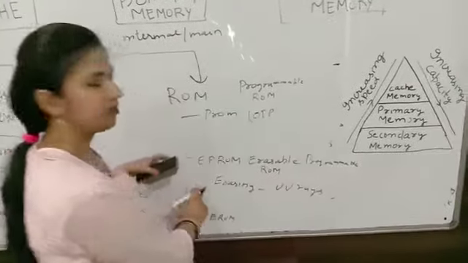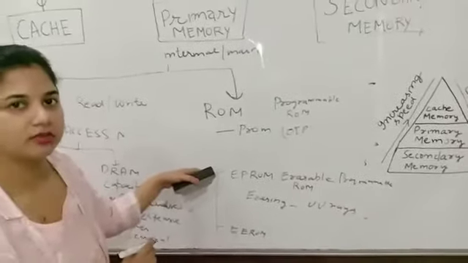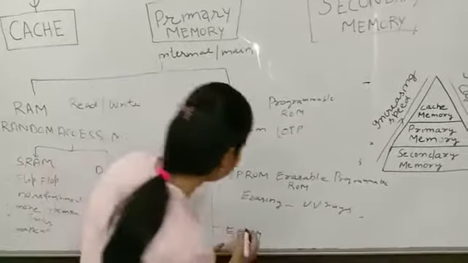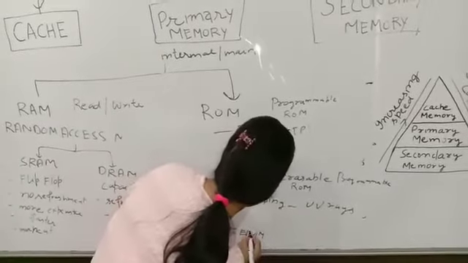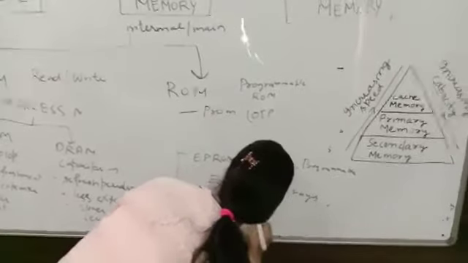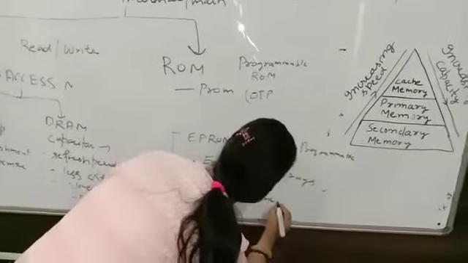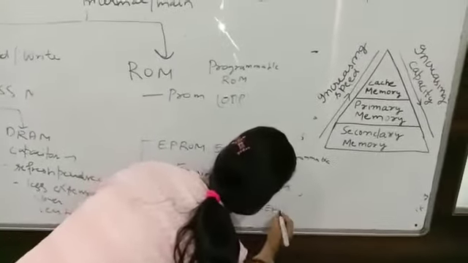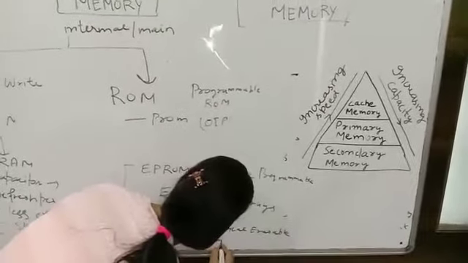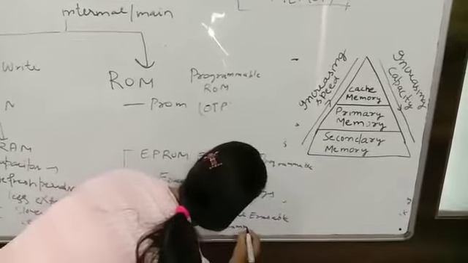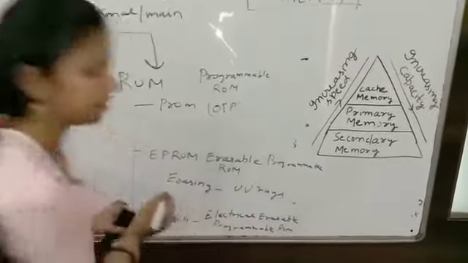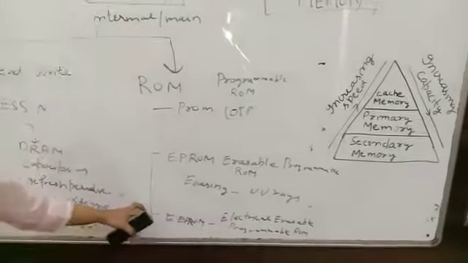While in this we cannot delete the data block by block. So here we have EEPROM, that is electrically erasable programmable ROM. In this we can delete data block by block.